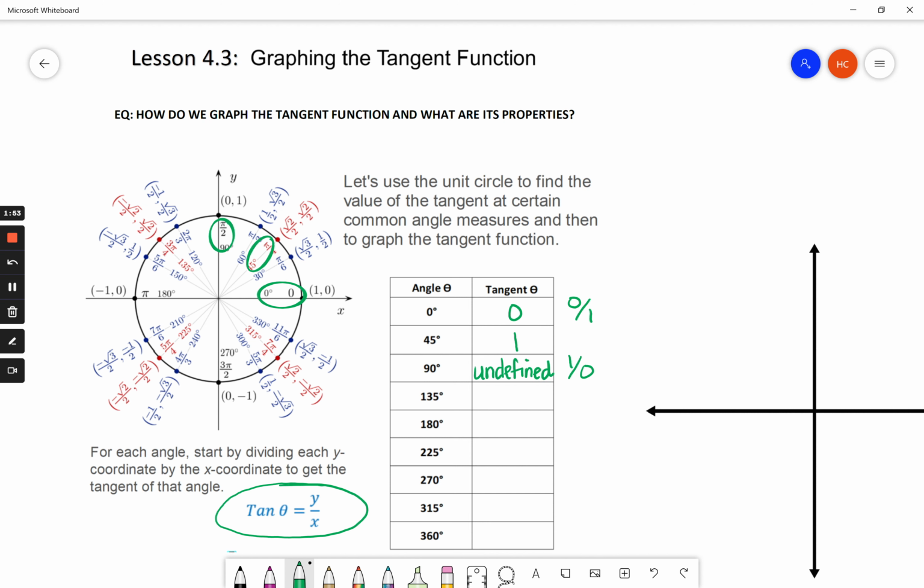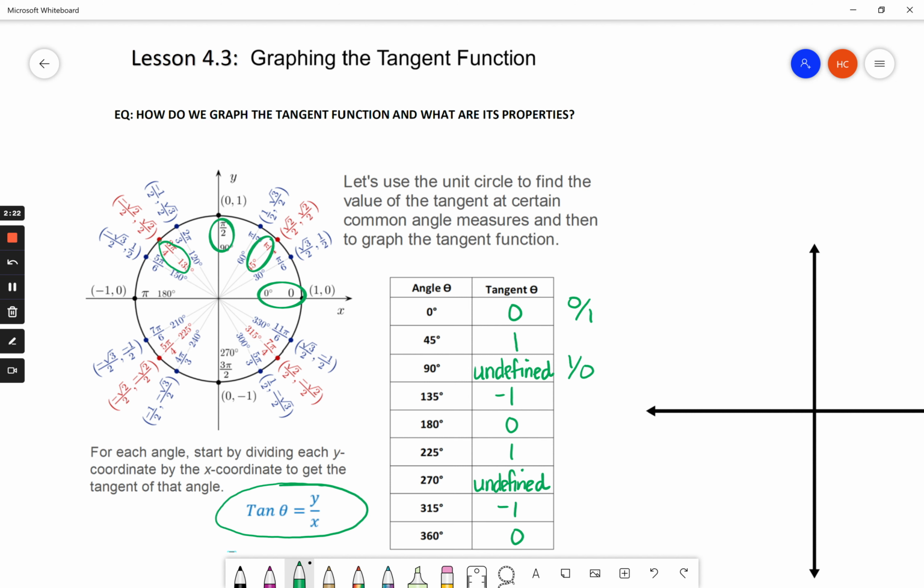And as you continue moving around the circle, rotating about it, you will continue doing y divided by x, and you will generate the following answers. You would have also another undefined value at 270 degrees, and notice how the pattern continues to unfold.